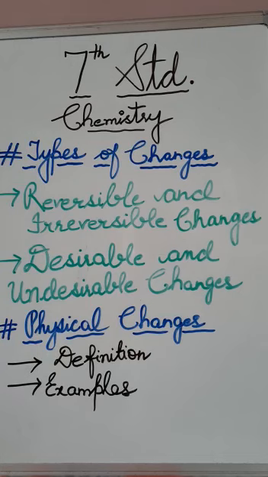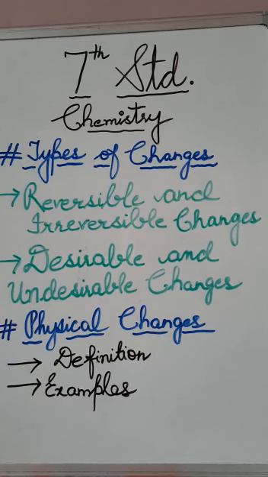And one more thing I want to say: suppose there is any question based on these definitions, direct questions like what is an irreversible change or reversible change. I guess when we are reading the chapter, we are marking each and everything, so most of us are able to write the directly asked questions.